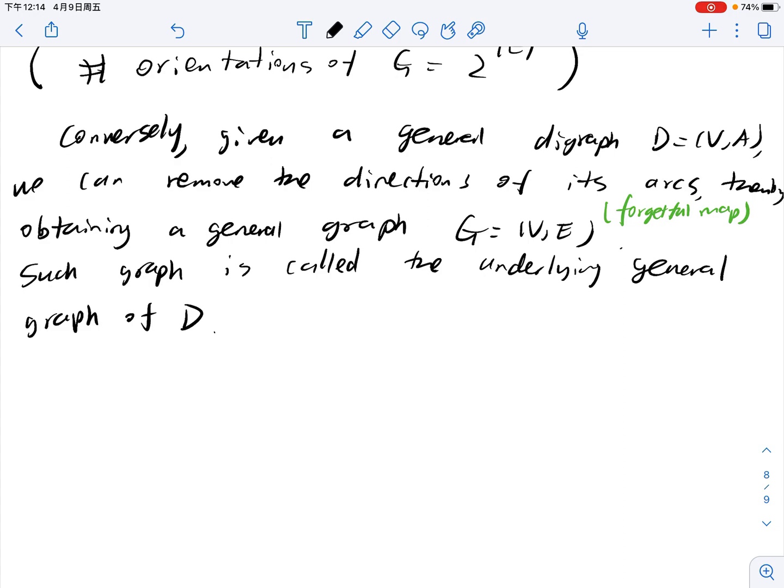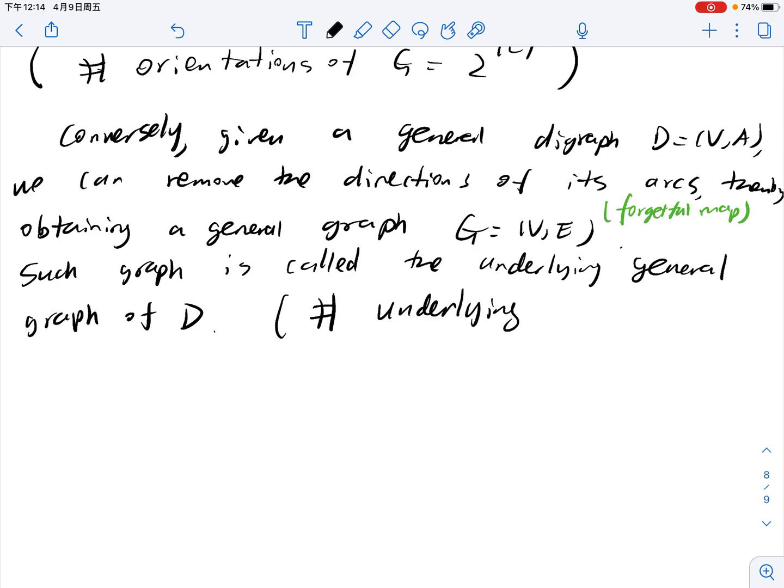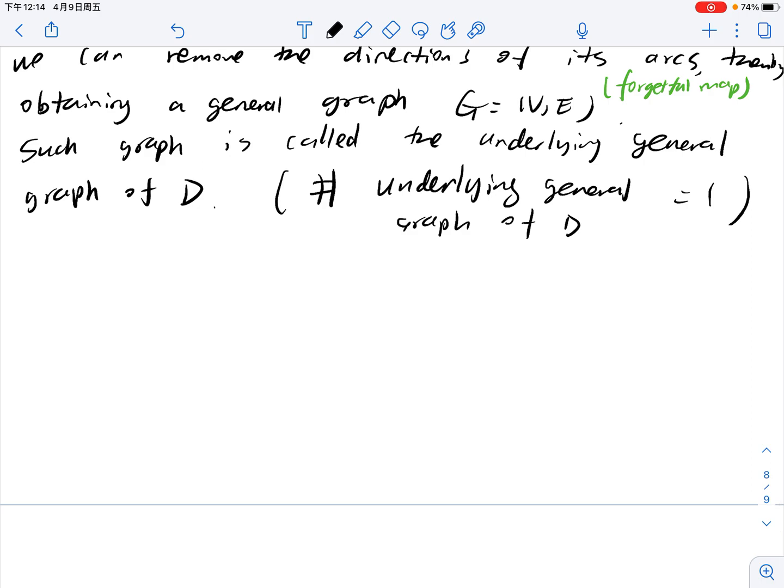So for a certain problem, you can already get some information without using its analytical part. And it's easy to see the number of underlying general graphs of D is 1. So that's a unique underlying general graph, or general digraph.